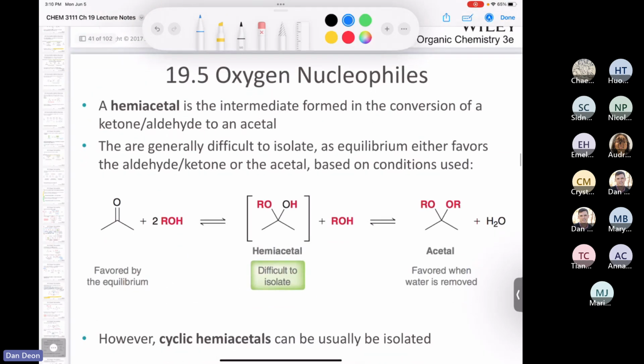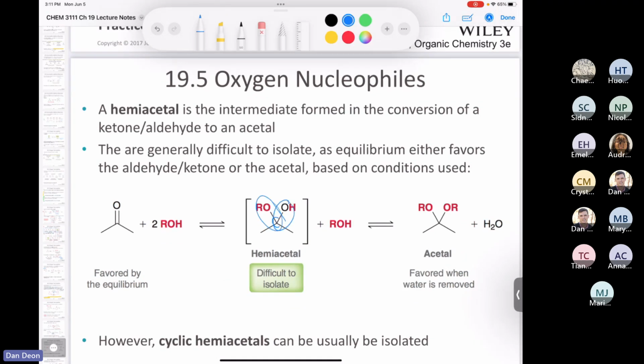So a hemiacetal, if we go back to that whole idea of the hemiacetal, where you have a carbon that has an alcohol and an ether on the same carbon. It says hemiacetals are actually really difficult to isolate, very, very difficult to isolate. There are some exceptions, though.